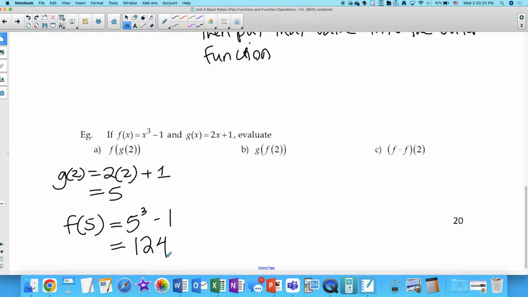The other thing you could do is come up with an expression for the composite function in terms of x, and then just plug the original x value in, right?